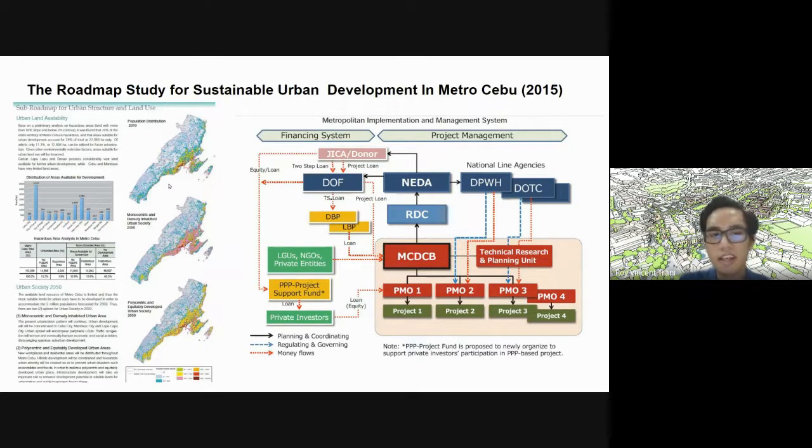They're saying that, left unplanned, we will have a monocentric and densely inhabited urban society, which will be bad for traffic, etc. And then their idea is a polycentric and equitably developed urban society, spreading out the density of the population. So you see here more yellow, meaning medium density, compared to more red, high density.